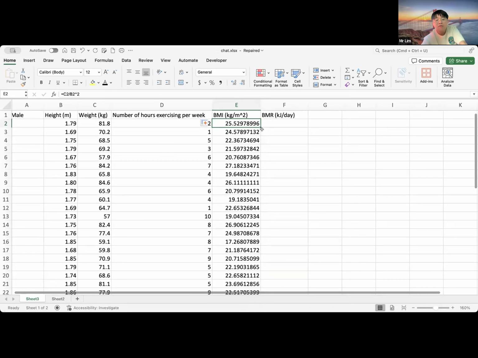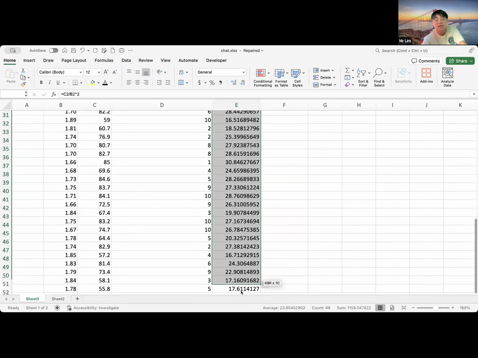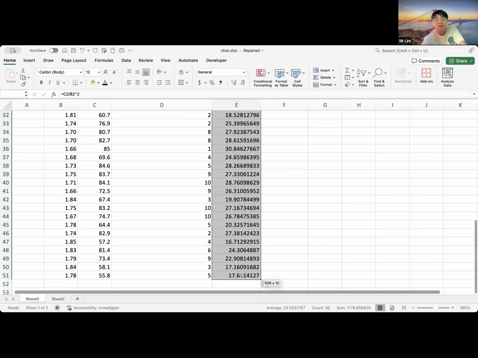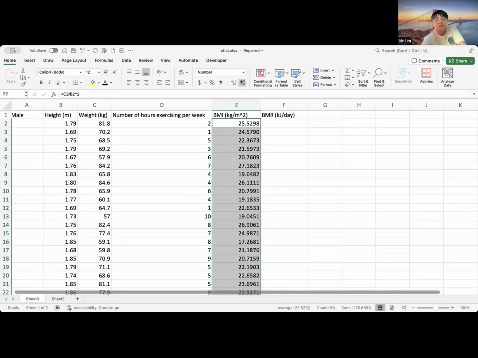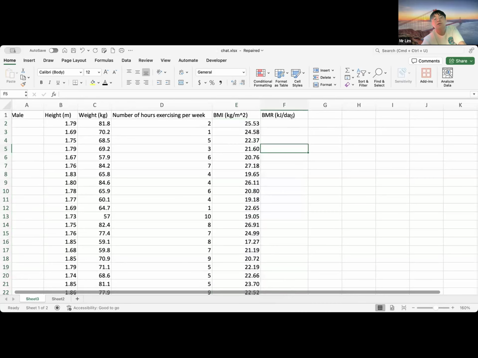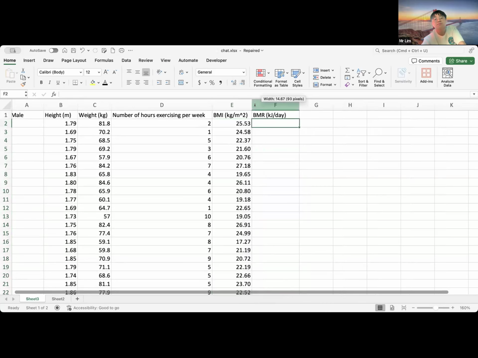So you just drag and then you have all the data, but too many decimals doesn't seem very nice. So let us change it to 2 decimals first. All right then.